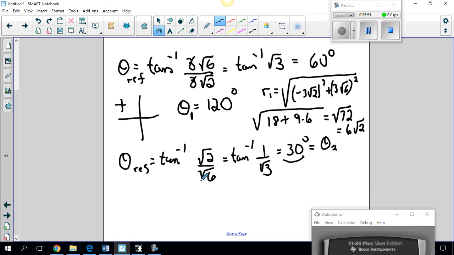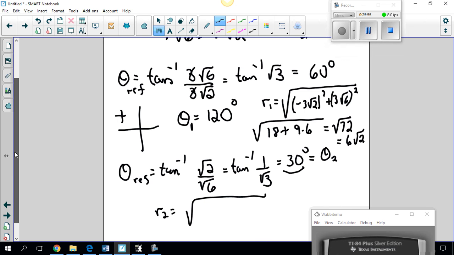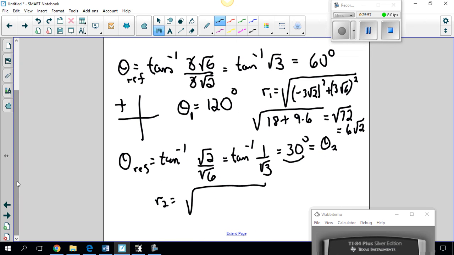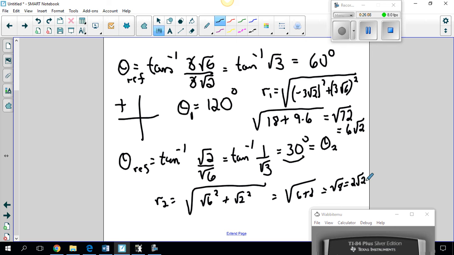And R2 is the square root of square root of 6 squared plus square root of 2 squared, which is the square root of 6 plus 2, square root of 8, which is 2 radical 2.